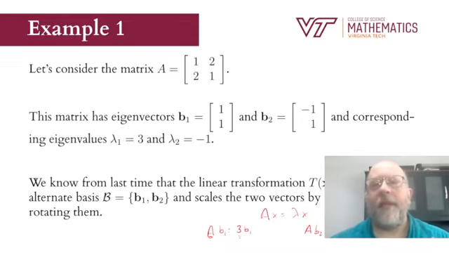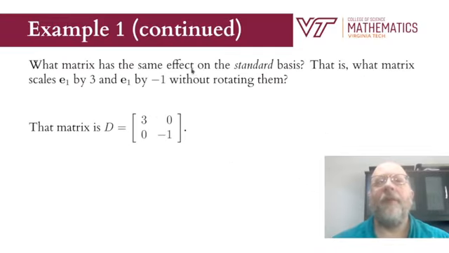So let's keep going with this example. What matrix has the same effect on the standard basis? In other words, what matrix is it that, and I'll call this matrix D, that D times E1 is just 3 times E1, and D times E2 is negative 1 times E2?